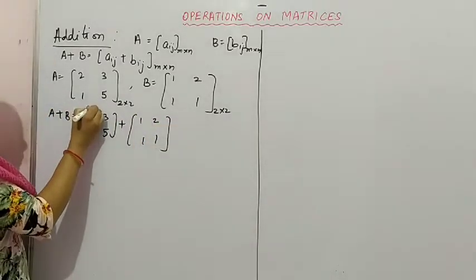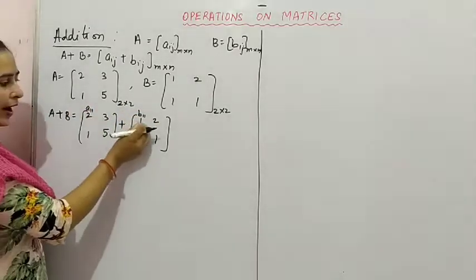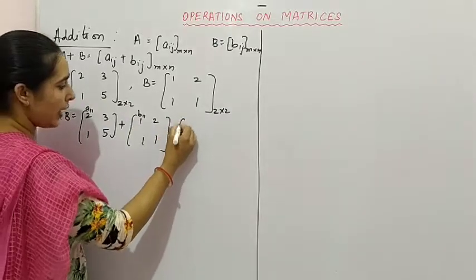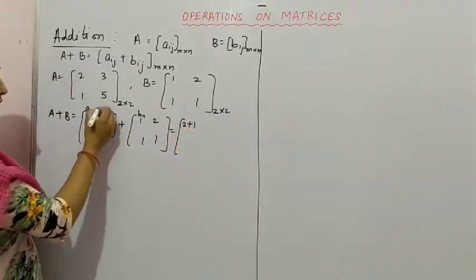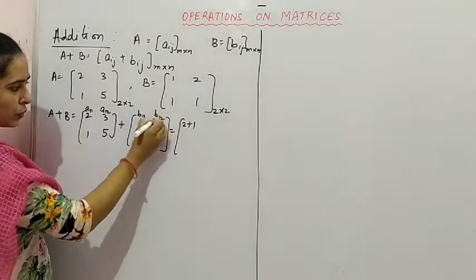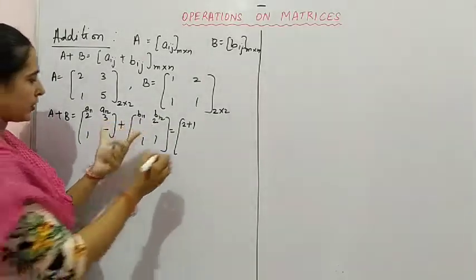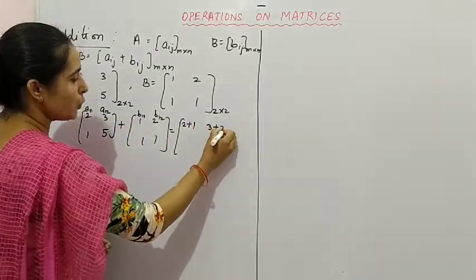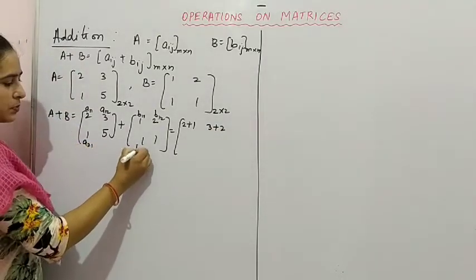Now the first row and first column element is 2 here and 1 here. So we shall add 2 and 1. Similarly, this is A12, this is B12. So we have to add A12 and B12, that is 3 plus 2. Similarly, this is A21 and this is B21.